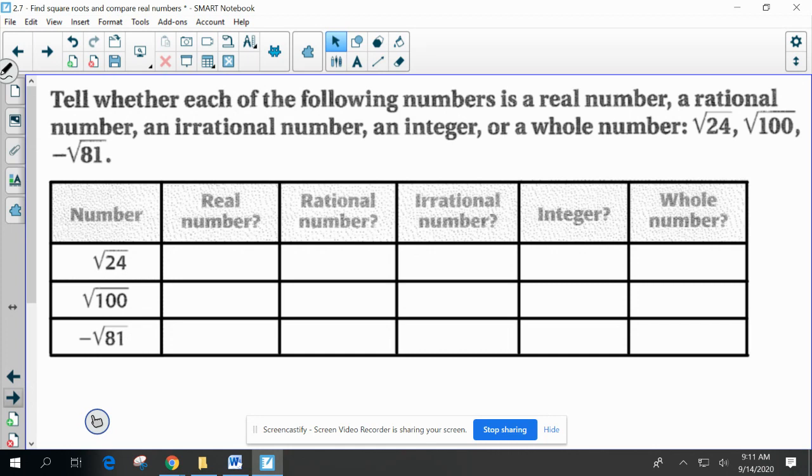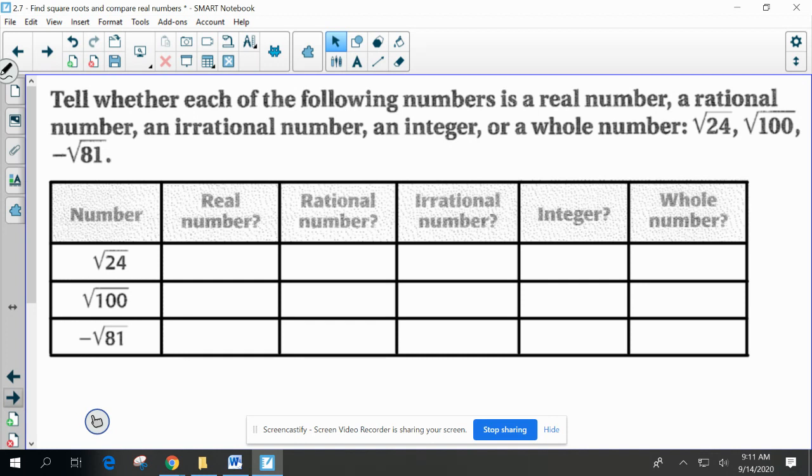Okay, so what we're going to look at is we're going to say on the chart, is it a real number? Is it rational or irrational, integer or whole number? So you can use your calculator for this and figure out square root of 24. And see what you get. Should be 4 point something. 4.898, like a bunch of random numbers.